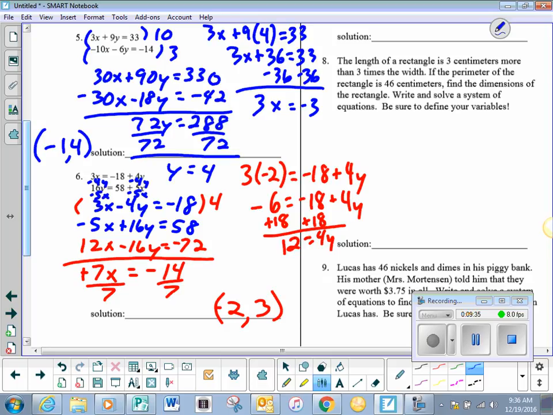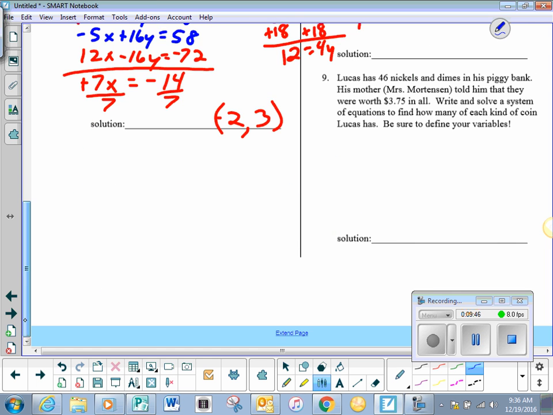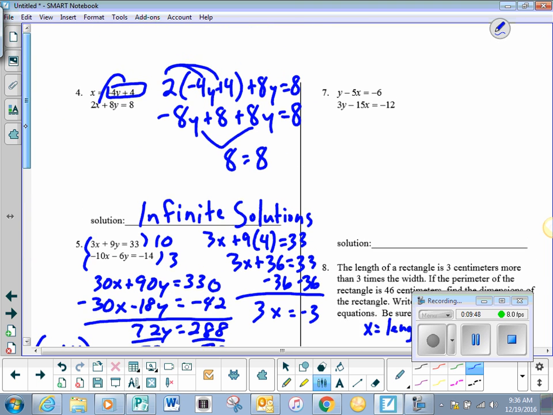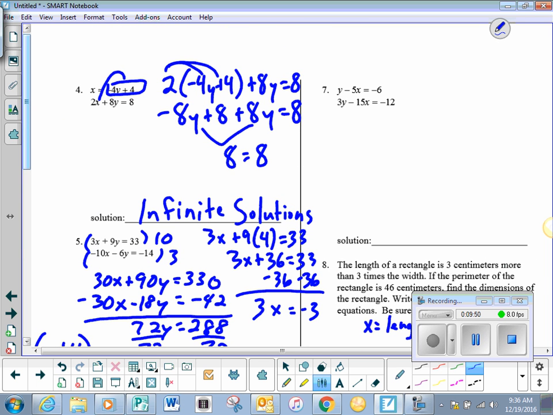All right, number 8. If x equals the length of the rectangle. What do you guys do here? Elimination or substitution? Elimination.